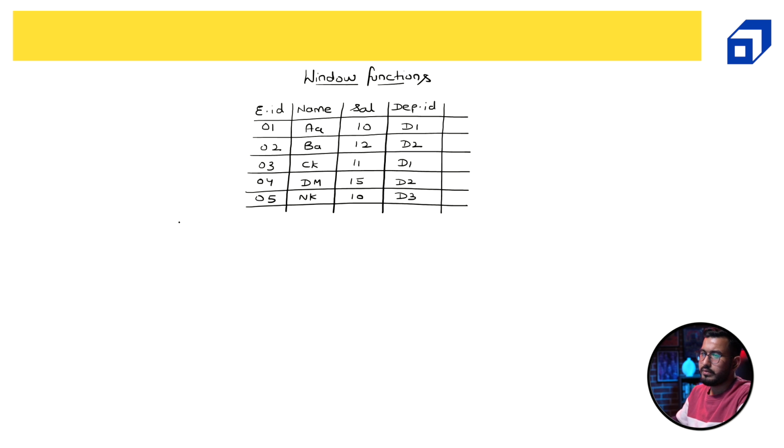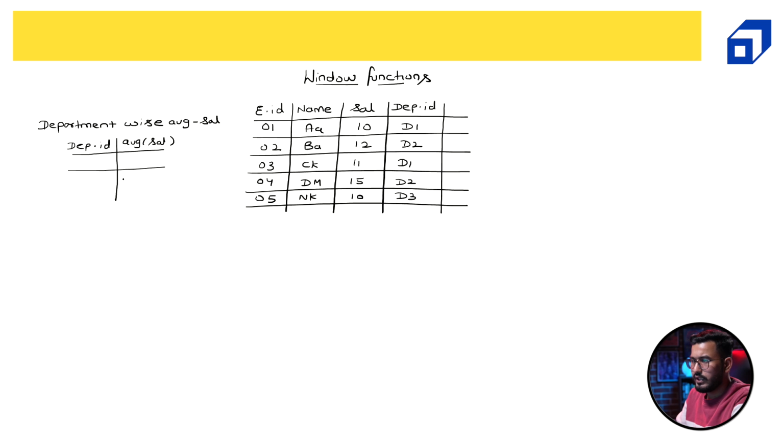Now if I ask you to find out department wise average salary, in order to answer this question, we will be using the technique of group by. And if we try to generate the output, it would look something like this. We will have an output table with department ID and average of salary.